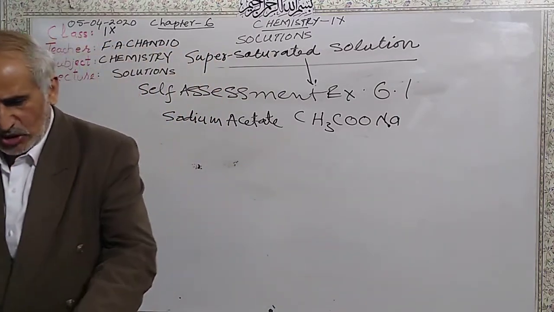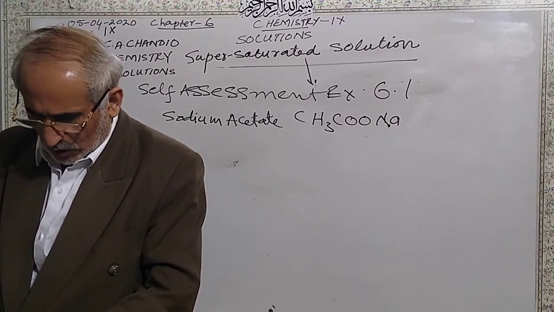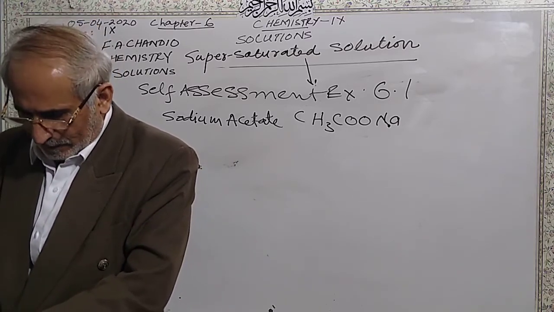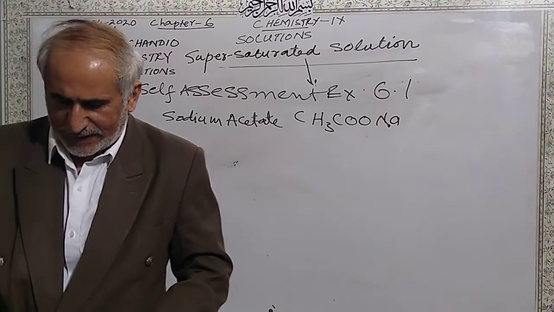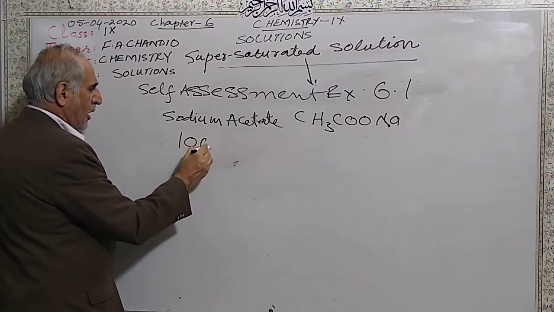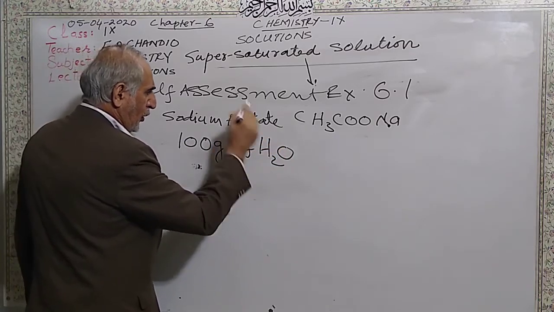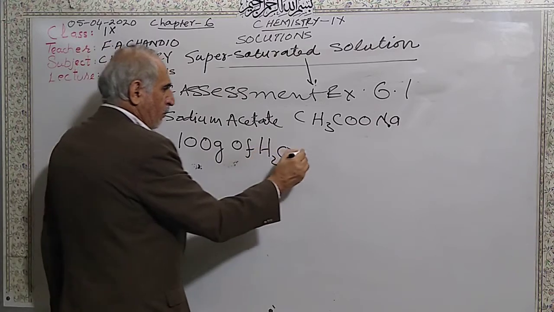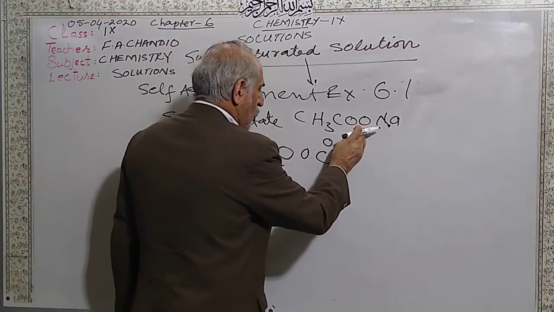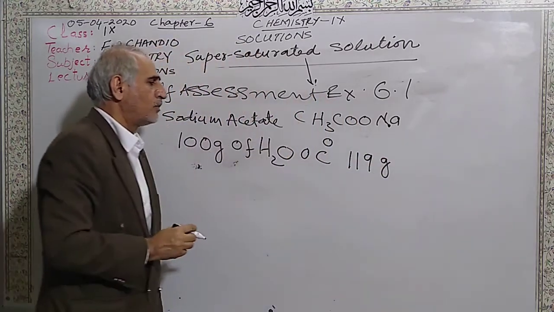Written here in the question, you are dissolving in 100 grams of solvent, taking 100 grams of water, maintaining 0 degrees Celsius, and sodium acetate dissolves 119 grams.